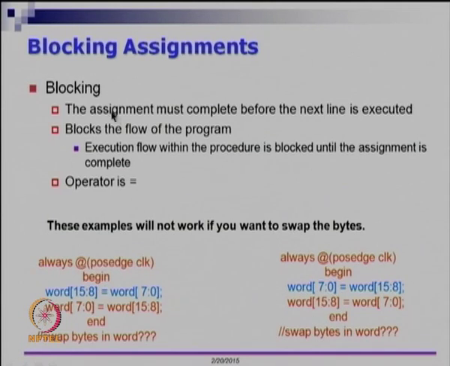In the blue line, the assignment that you have is a blocking assignment. What that means is you take word 7:0, you assign it to 15:8. Until that assignment is over, you cannot go to the red line, which means word of 7:0 is copied on to 15:8.